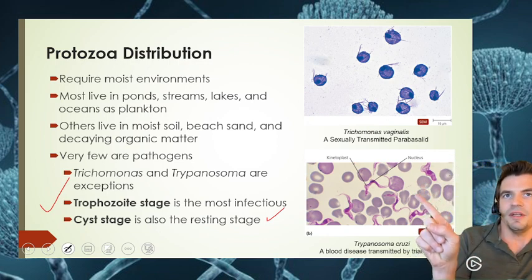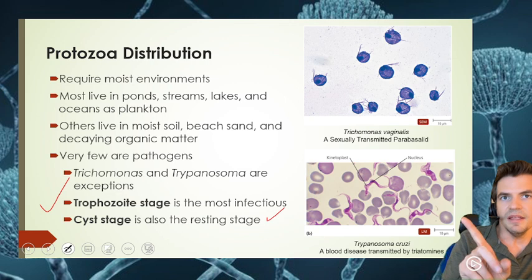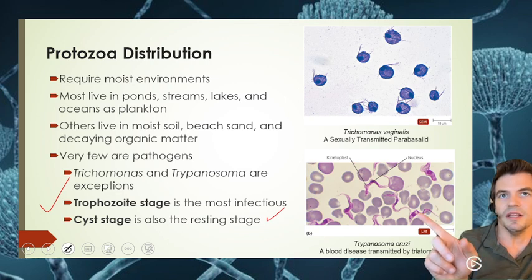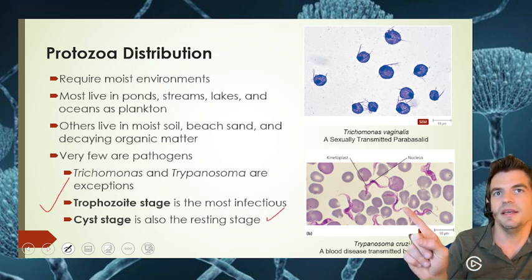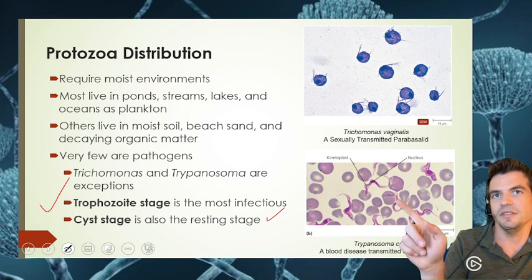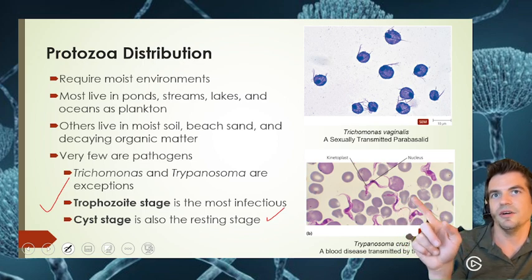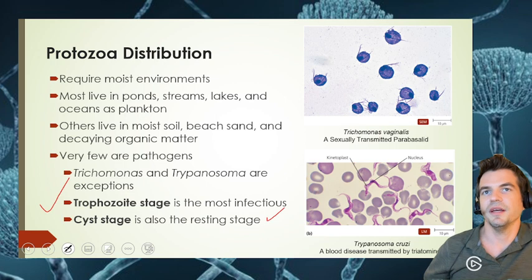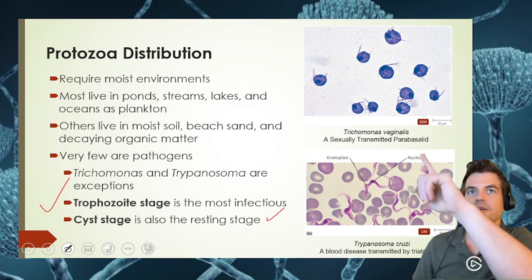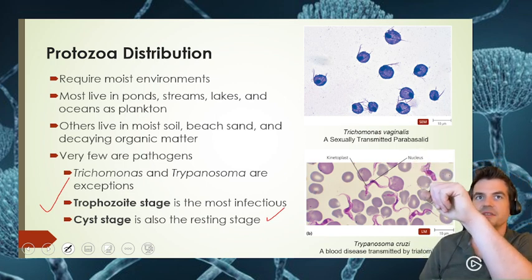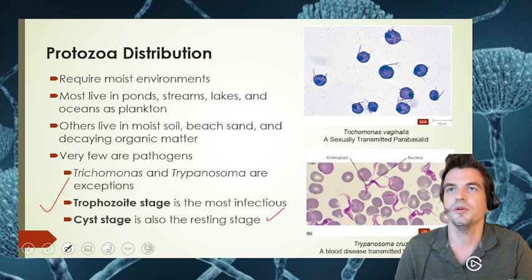And this guy, Trypanosoma, is what we'll see in the lab. This is African sleeping sickness, and it is caused by these little guys in our blood. And here we have a sexually transmitted disease up there, and those are both caused by protozoa.